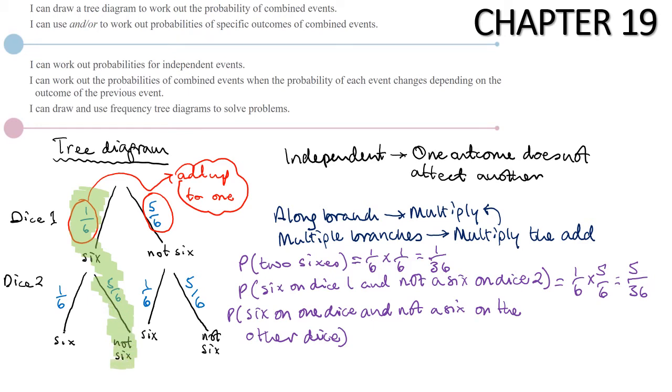Or it could be not getting a 6 on dice number 1, but getting a 6 on dice number 2. So I went along two branches, one I highlighted in orange, one in green. When I do my calculation, I work out branch number 1, the green one, by multiplying 1 over 6 times 5 over 6. I still multiply for the other branch, the orange one, which is 5 over 6 times 1 over 6.